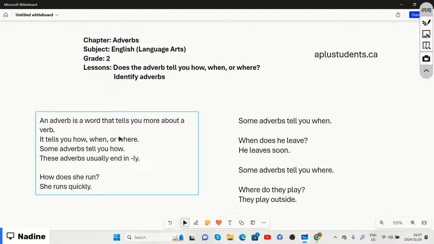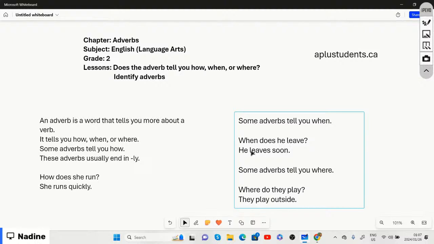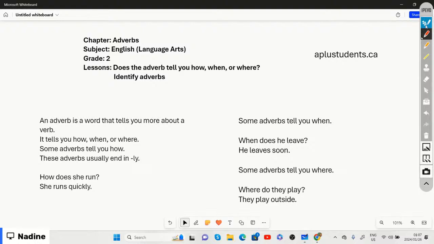So an adverb is a word that tells you more about the verb. The adverbs tell you how, when, or where.